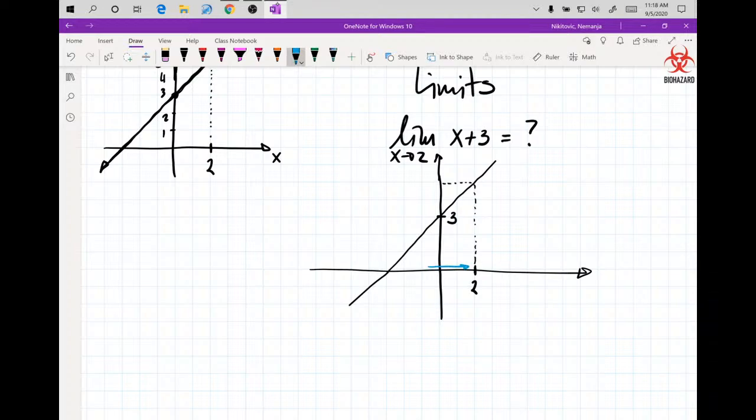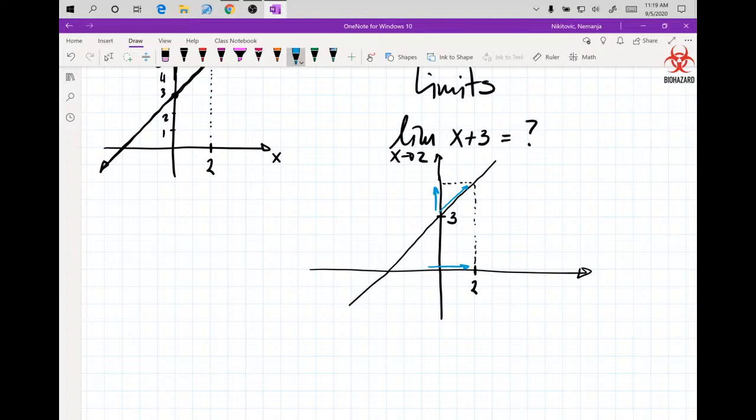So here you go. You're approaching 2. That literally means you are walking on the x-axis, approaching number 2. That motion translates on the function walking up the line, which in fact translates into a motion walking up the y-axis.